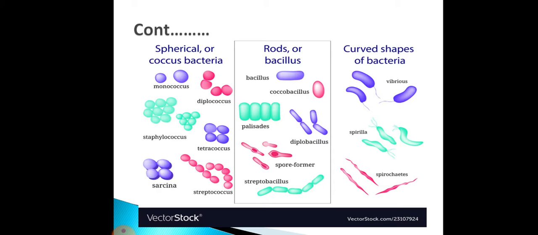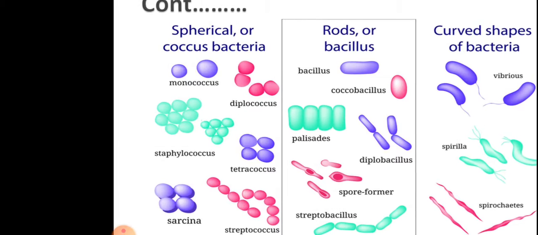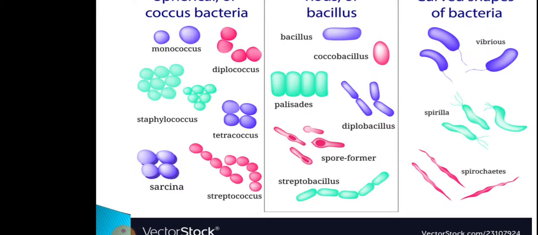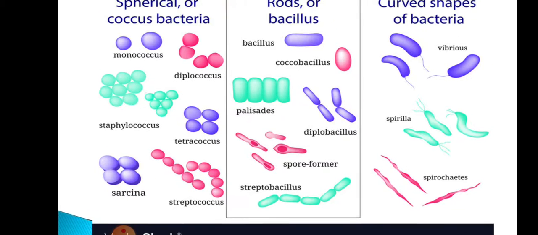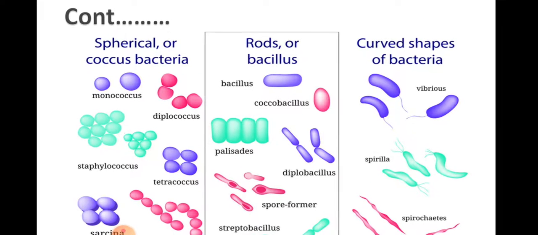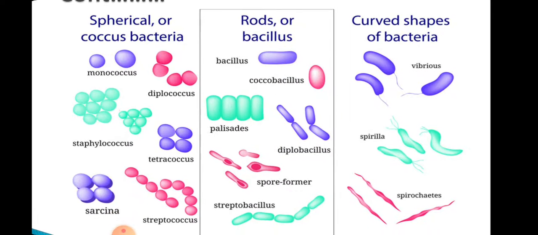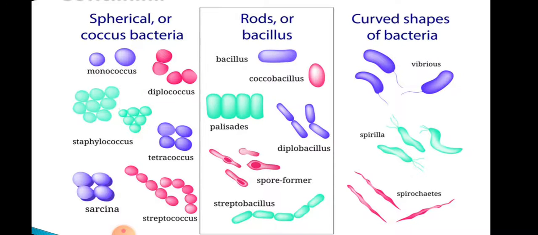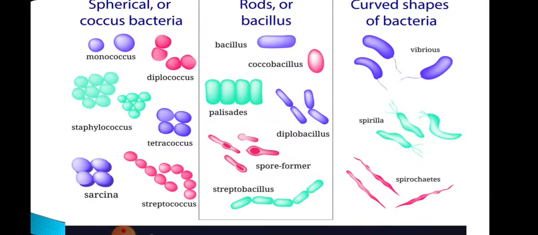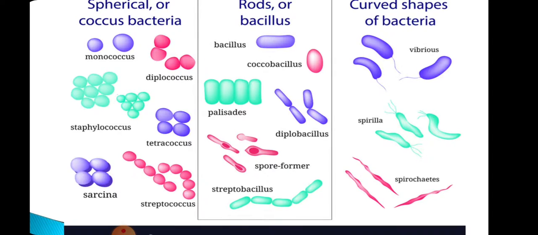Here we can see the spherical or coccus bacteria, that is monococcus, diplococcus, staphylococcus, tetracoccus, sarcina, streptococcus. Then rod or bacillus, that is bacillus, cocobacillus, palisades, diplobacillus, spore former, and streptobacillus.